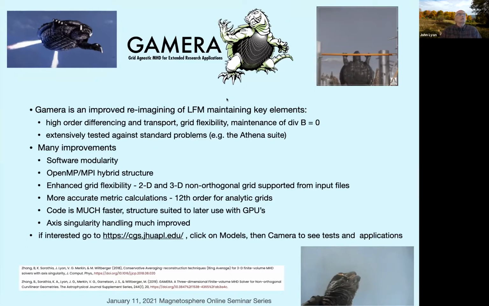Kareem, who is responsible for most of the writing of Gamera, actually has implemented 12th order metric calculations for grids that have analytic solutions. And the code is much faster.